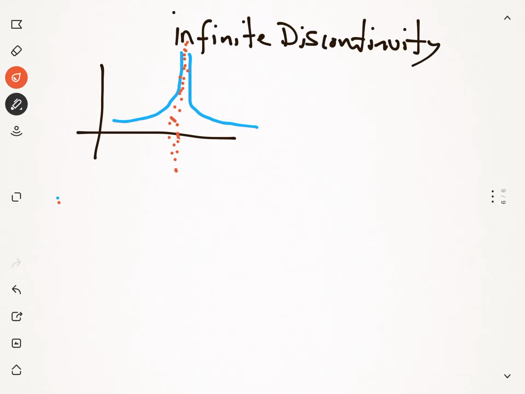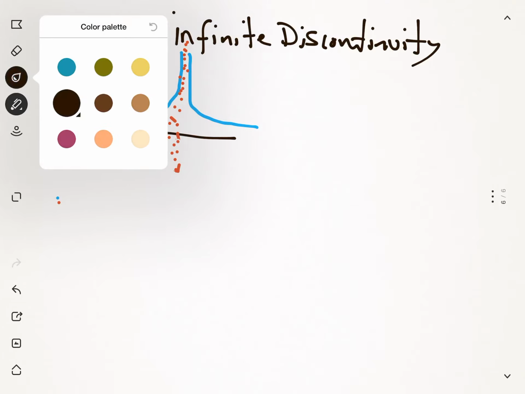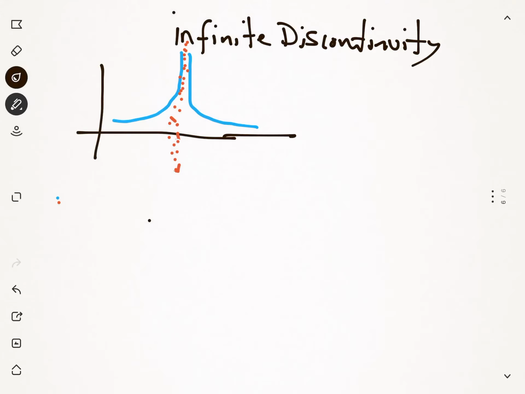So here it is, there's the asymptote. Continue this way. That's one example.